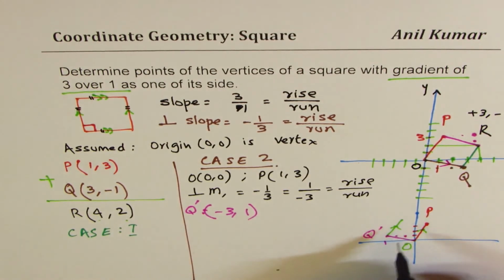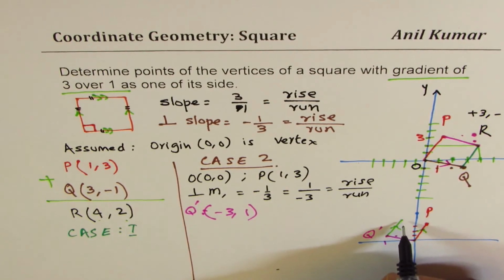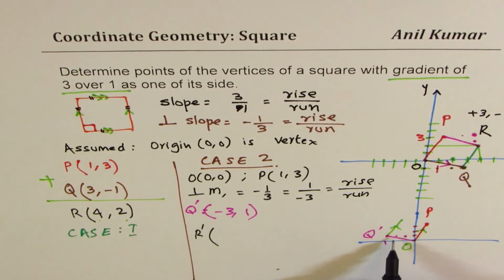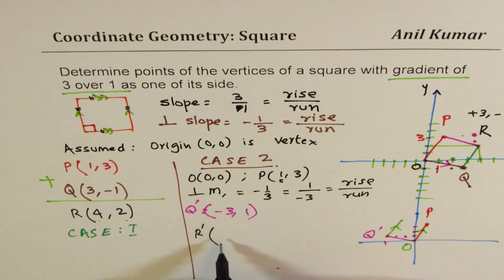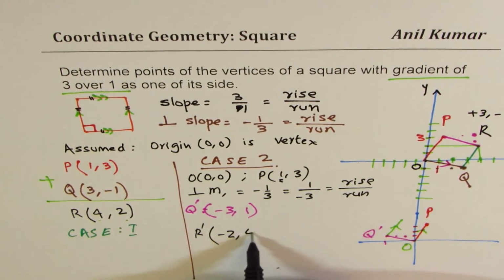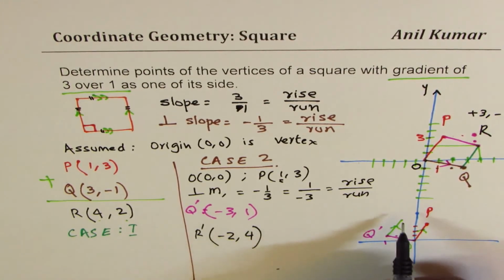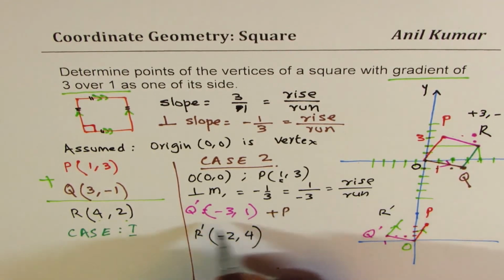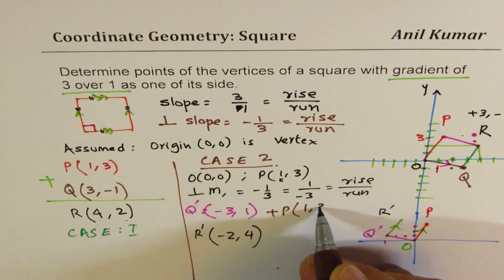So here, basically, this point here, we'll call this R dash, the X value has moved 1 right. This 1 right. So it becomes minus 2. The Y value has gone up 3. It becomes 4. So R dash is minus 2, 4, which you could get as a combination of P and Q, where P is 1, 3.